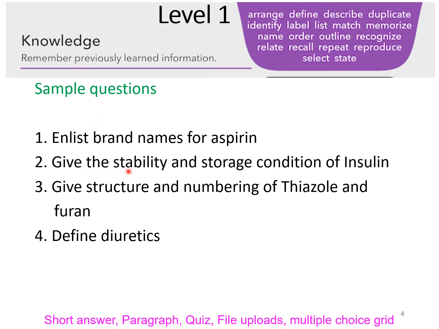Then give the stability and storage condition of insulin. Draw the structure and numbering of these two heterocycles. Then define this term with examples. So knowledge level is the most straightforward, and majority of our questions traditionally are of this kind.